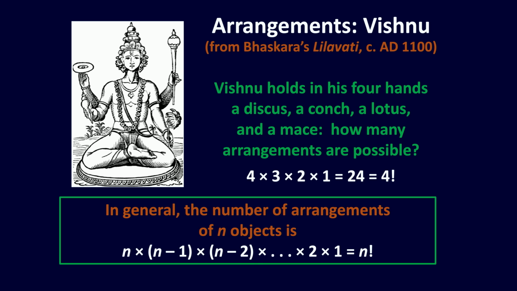Consider this problem also from India. The Indian god Vishnu holds in his 4 hands a discus, a conch, a lotus, and a mace. How many arrangements are possible? And to answer this, we note that Vishnu's first hand can hold any of the 4 objects. His second hand can then hold any of the remaining 3 objects, and so on.